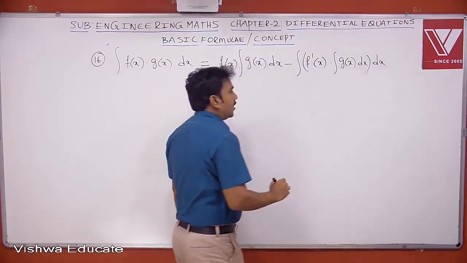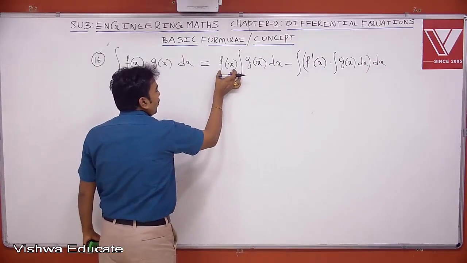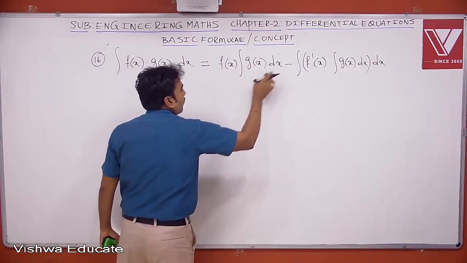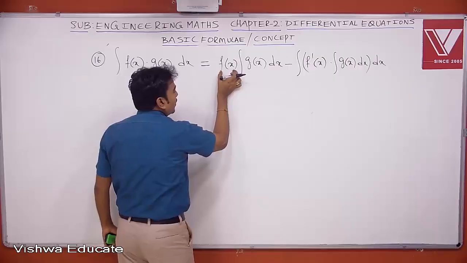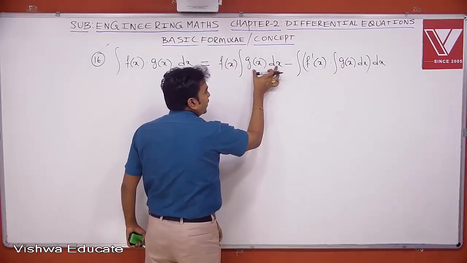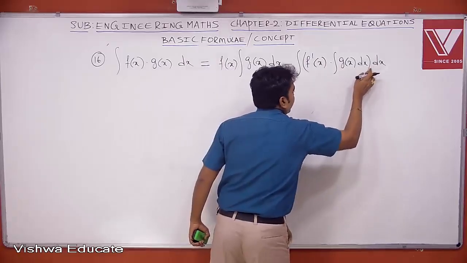So what we have done is just one function is taken outside the integral. By keeping second function inside the integral minus it is taken before integral, so find the derivative of this into again same integral g of x dx again dx.